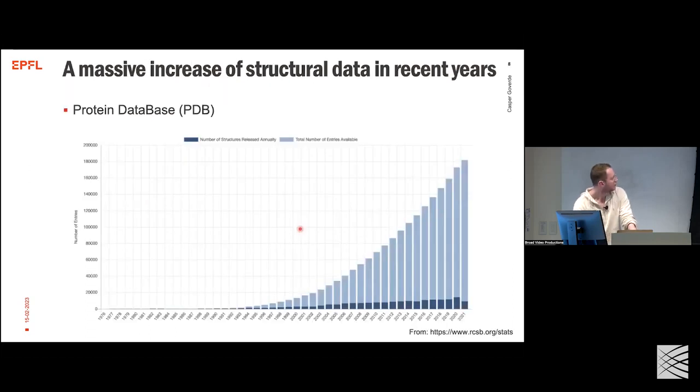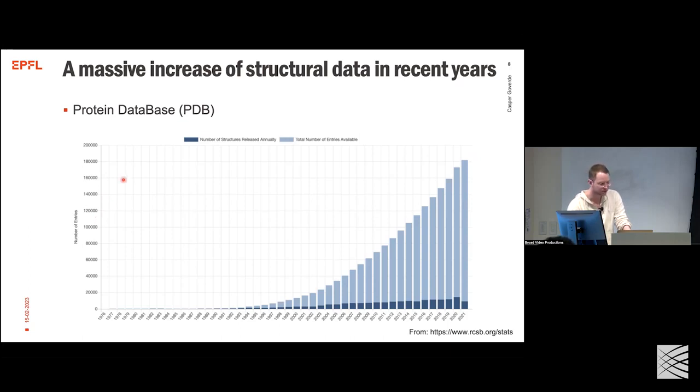And over the last few years, there's been a significant, exponential increase in the amount of protein structures that are available to us. So as you can see, in 2021, we already hit 180,000 entries in the PDB. So yearly, more and more structures are being added to this database.